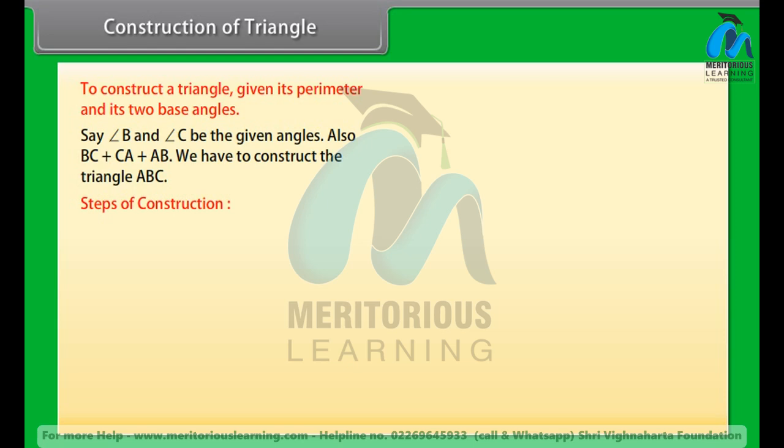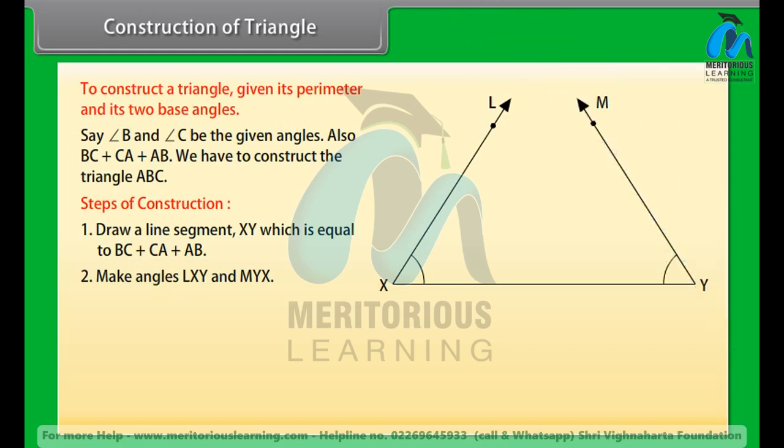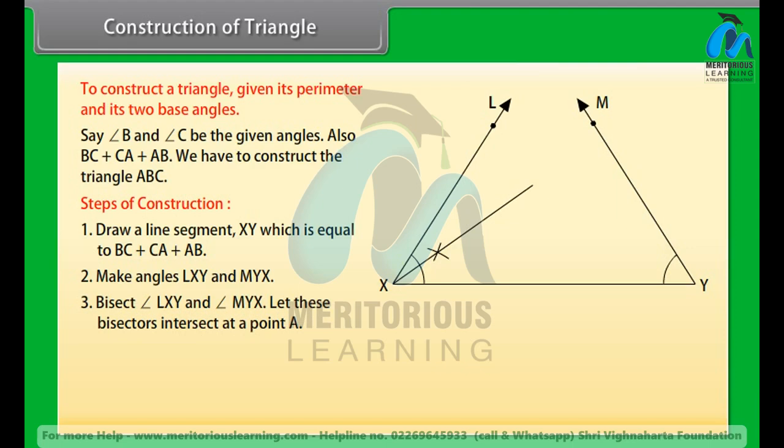Steps of construction. Firstly, draw a line segment XY which is equal to BC plus CA plus AB. Make angles LXY and MYX. Now bisect angle LXY and angle MYX.